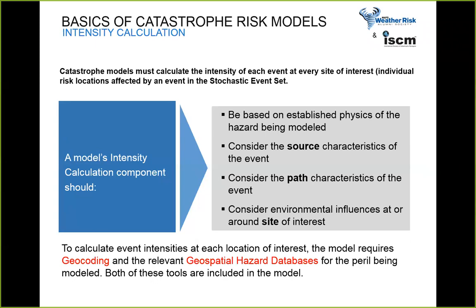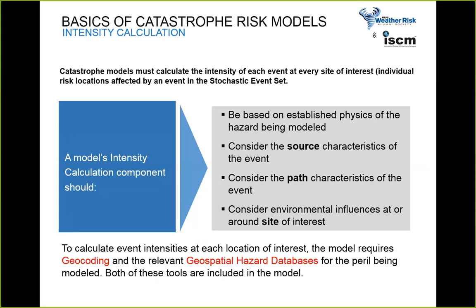So the models have to calculate the intensity of each event in the event set at every risk or site of interest that is impacted by that event from the stochastic event set. So if you have an event set of 10,000 events, you have a portfolio. For every portfolio risk in your portfolio that is affected by an event, the intensity has to be calculated.